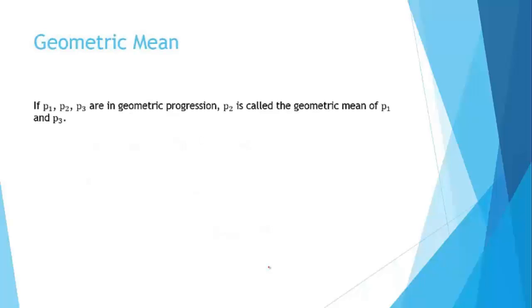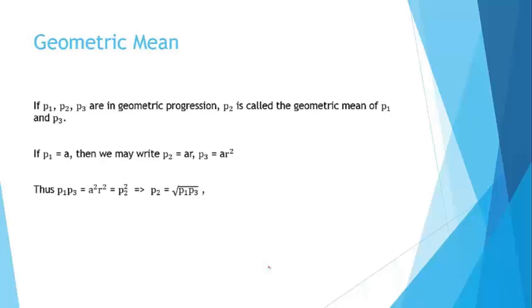Geometric mean. If p1, p2, p3 are in geometric progression, then p2 is called the geometric mean of p1 and p3. So the middle term is considered the geometric mean of the other two terms. Say if p1 is a, then we may write p2 equals ar, p3 equals ar square. So the first term p1 equals a, the second term p2 equals ar, and the third term is ar square.